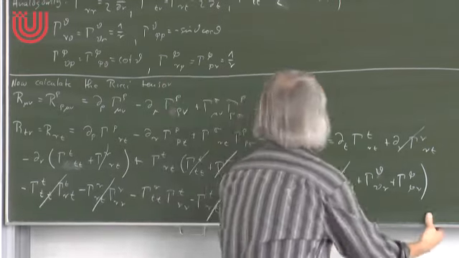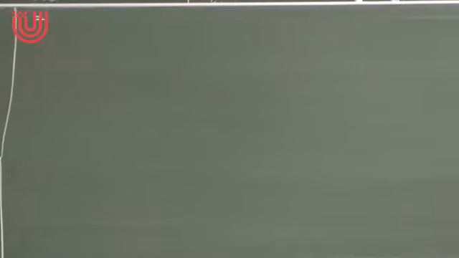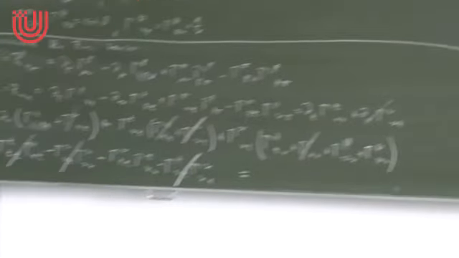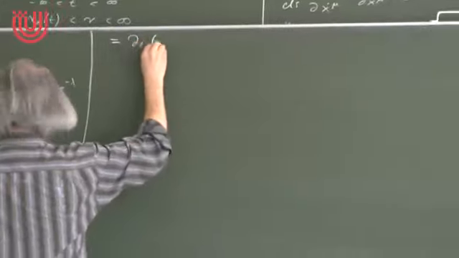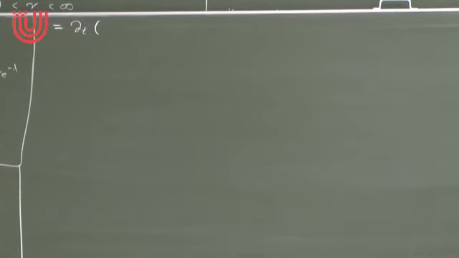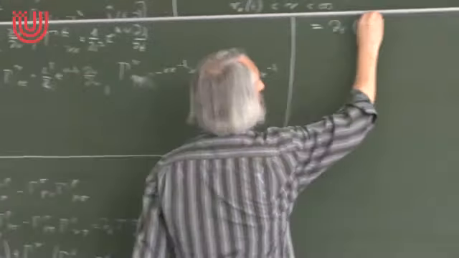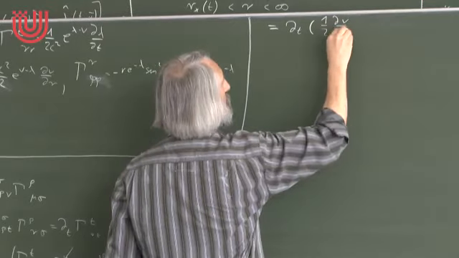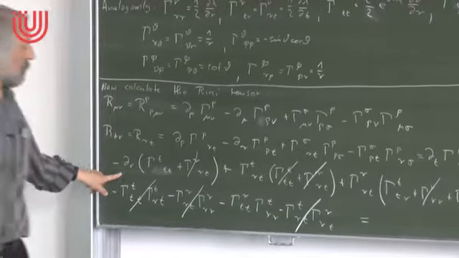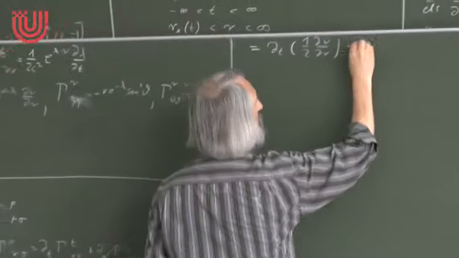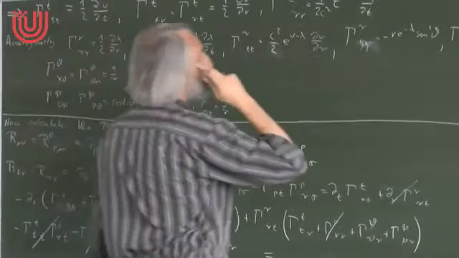So I continue up there. Where was the equality sign? Here. So that's the first term: dt of gamma TRT. TRT is this here, 1/2 d nu by dr. And the second term is this here: minus dr gamma TTT. Gamma TTT is this here, 1/2 d nu by dt.